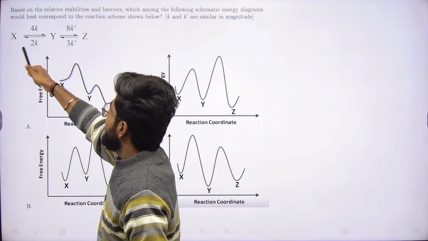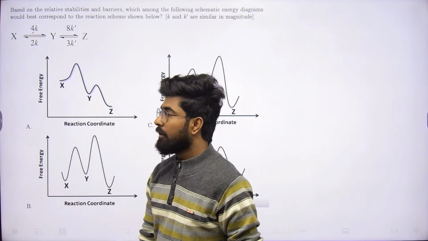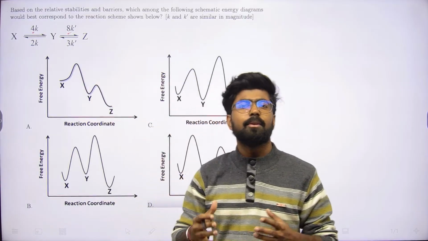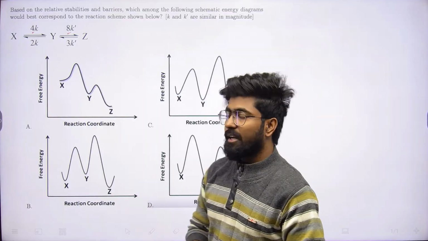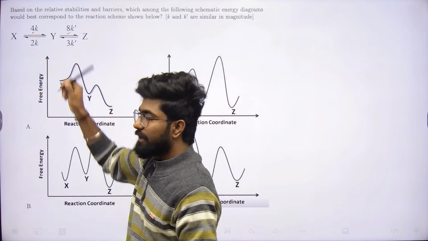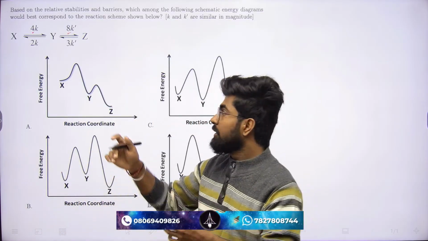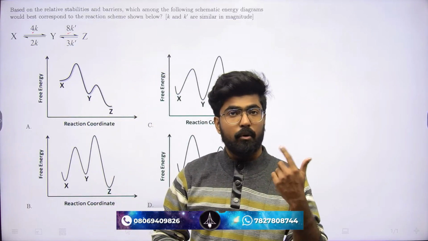See, X to Y, the forward reaction is 4 times the K and Y to Z is 8 times the K. What is the basic interpretation that you get from this type of consecutive reaction? It is that X to Y, if it is producing a stable product, then Y to Z is producing an even more stable product, right?